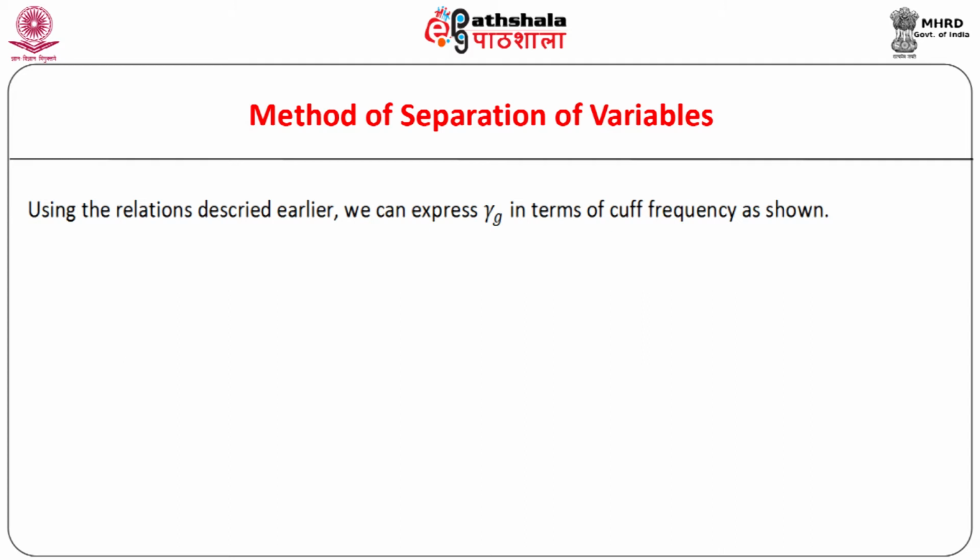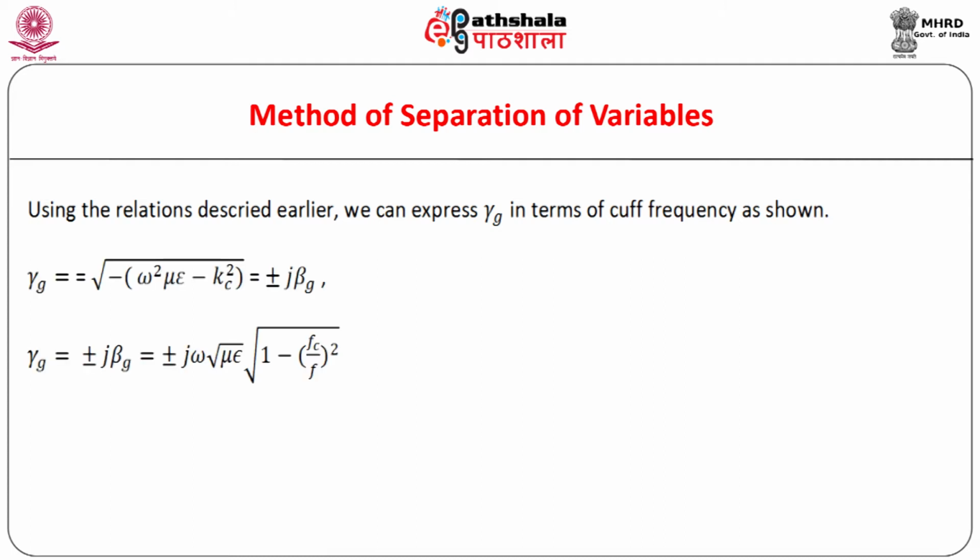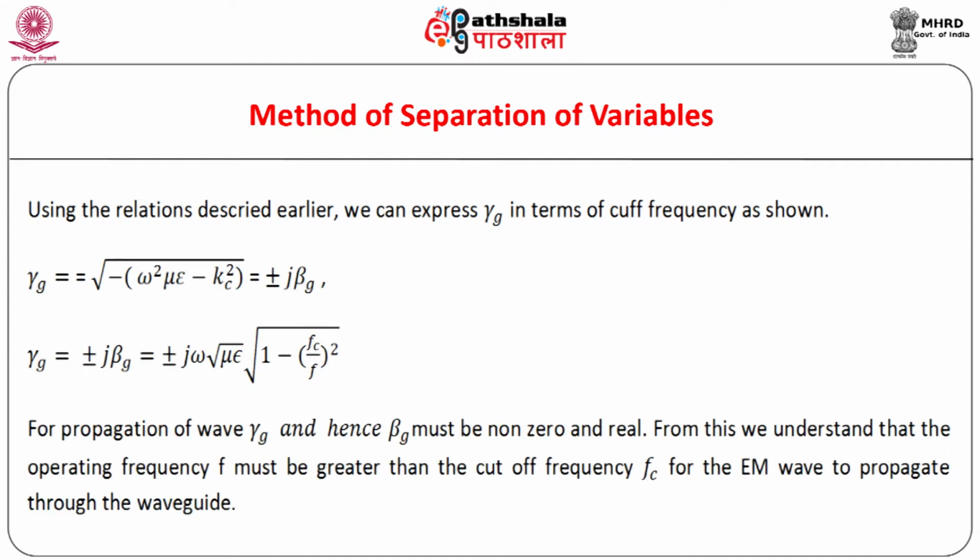Using the relations described earlier, we can express gamma g in terms of cutoff frequency as shown. For propagation of wave, gamma g and hence beta g must be non-zero and real. From this, we understand that the operating frequency f must be greater than the cutoff frequency f c for the electromagnetic wave to propagate through the waveguide.